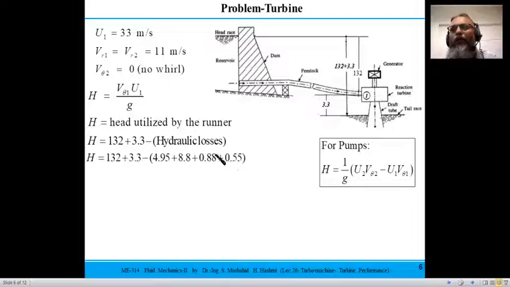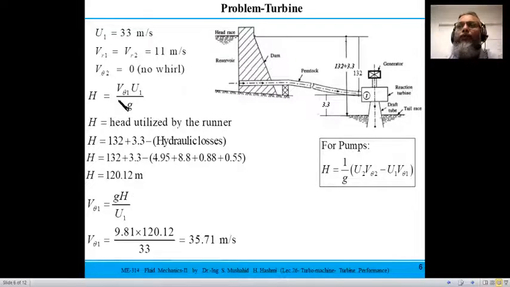So I have all the losses: 4.95 meter in the vanes and the guide vanes, this in the runner, this in the draft tube, and this is the kinetic energy head rejected to the tail race. So all the losses have been summed up. That would be your hydraulic losses. In this case you will evaluate that the head available for the turbine is only 120.12 meter. So out of 132 plus 3.3, 135.3, the only available head is 120.12, which can be converted into useful work. So that is the head.